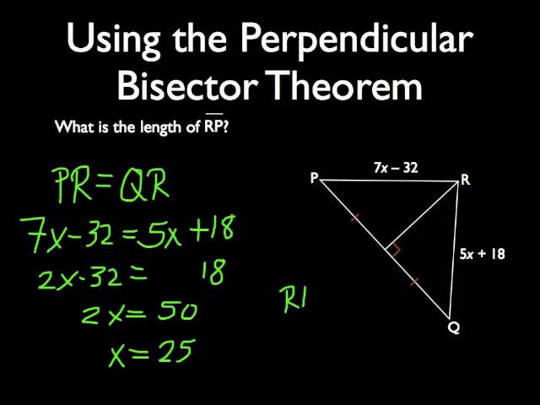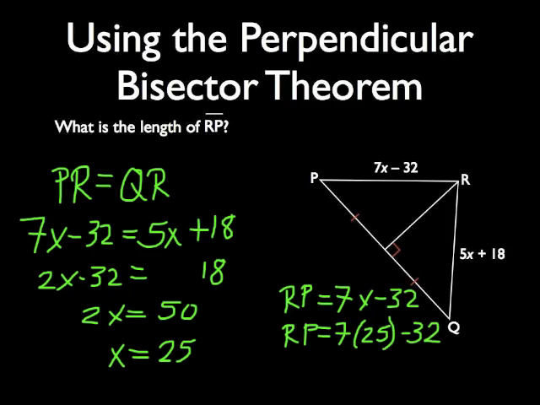So the length of RP is going to be 7x minus 32, but we just found out that x was 25, so RP is going to equal 7 times 25 minus 32, and that is going to take a little bit of calculation. And so that should be 143. And of course, 5 times 25 is 125, plus 18 is 143. So since we're getting the same value for both expressions, we're probably correct.